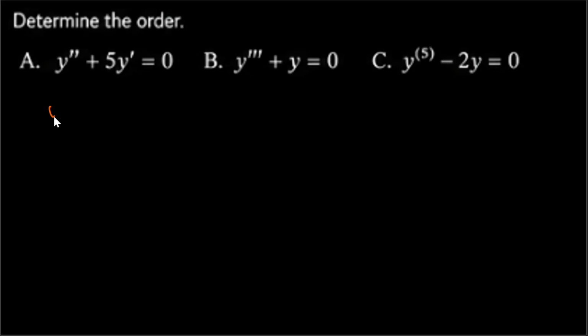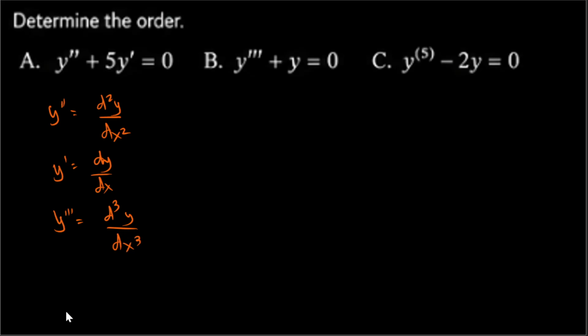So y double prime could also be expressed as the second derivative of y in terms of x, no? So that is another notation. So y prime is dy dx, no? So we say y triple prime, so that is the third derivative of y in terms of x, no?